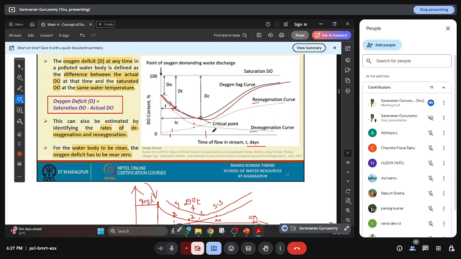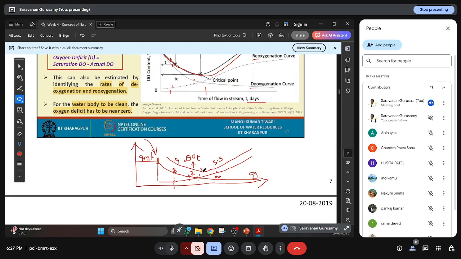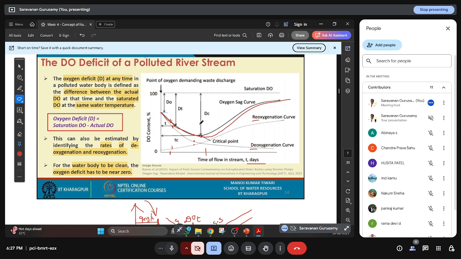The point at which the oxygen is minimum is called the critical DO. DO at the critical point is called DOC, and the time is called the critical time, TC. At any point you take, that is DO at any time T. So how can we find it?